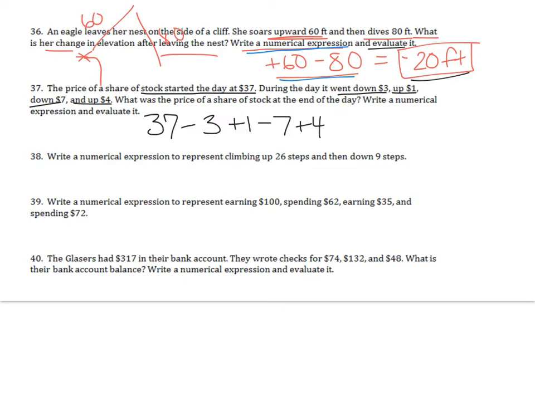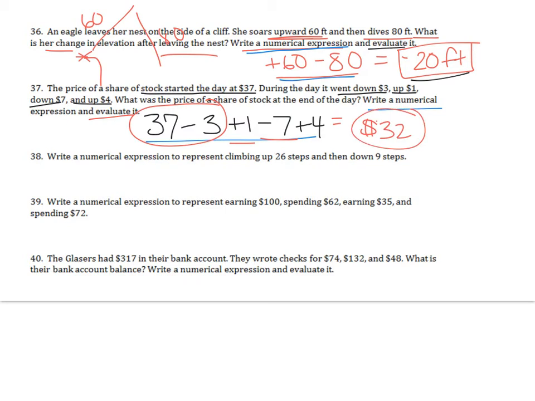Write a numerical expression. So this is our numerical expression. And evaluate means calculate it. So we're going to do 37 minus 3 is 34, plus 1 is 35, minus 7 is 28, plus 4 is 32. So $32 is our ending point.